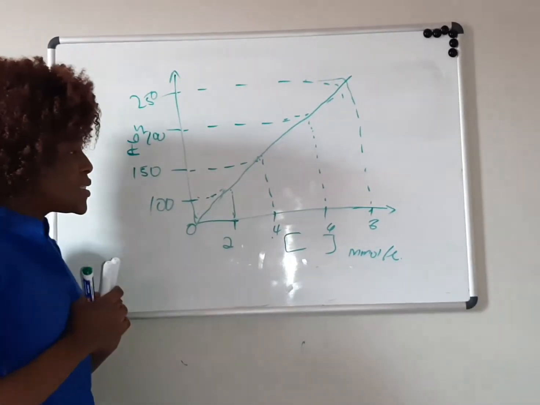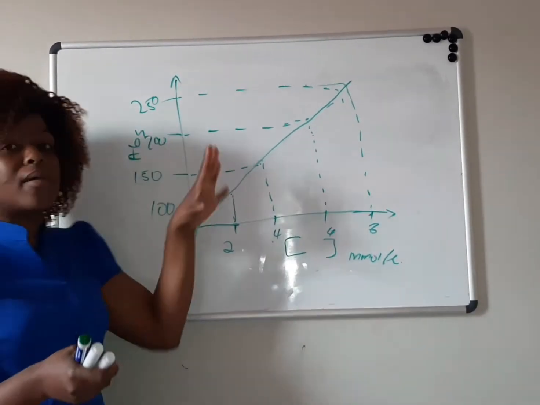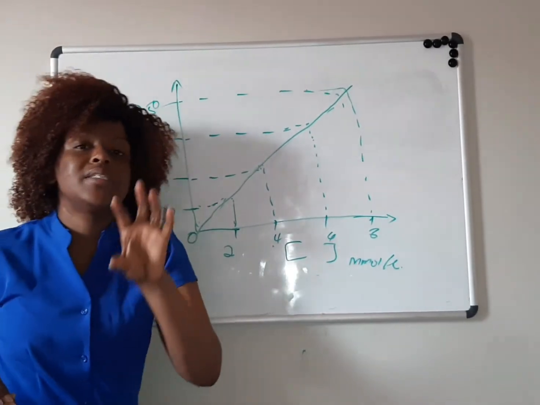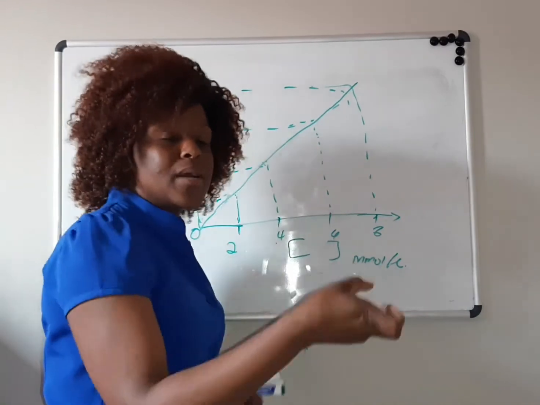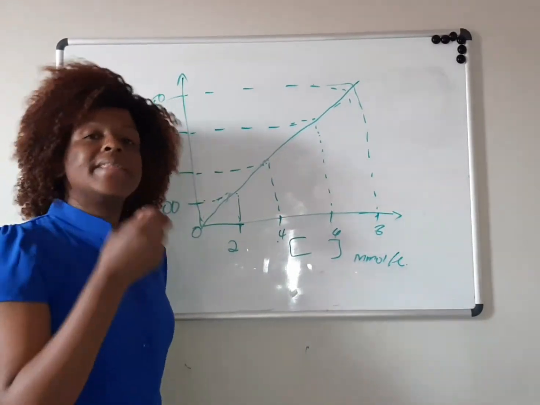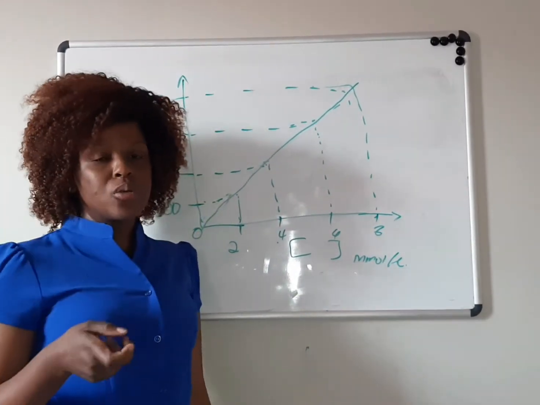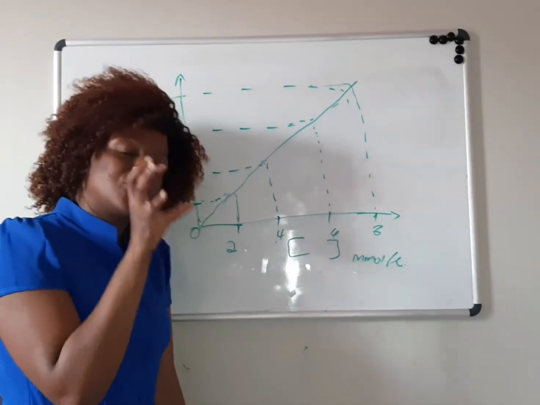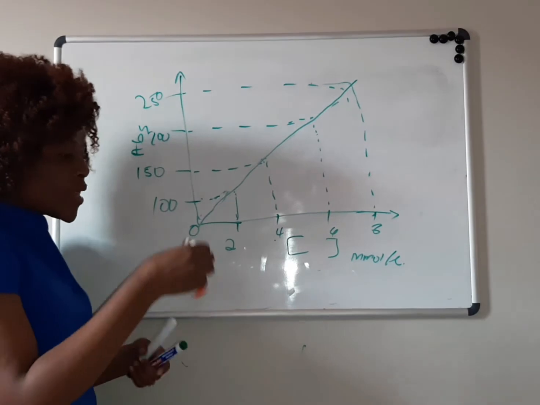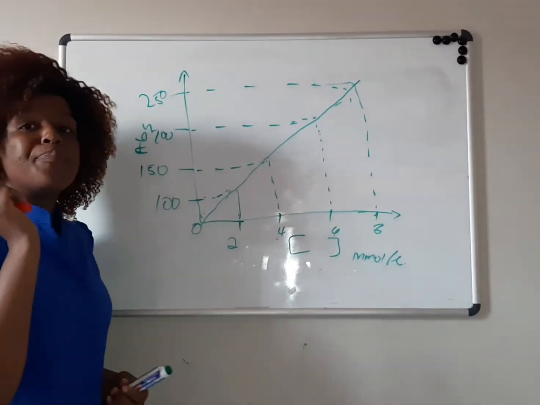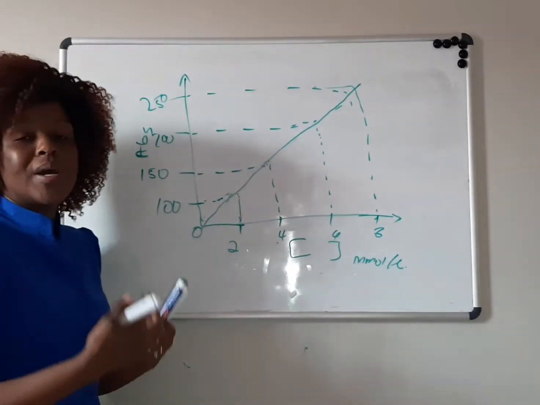Now, when we have a sample whose analyte concentration we don't know, the sample will be measured, and the absorbance of the sample will be obtained from the spectrophotometer reading. Let's say the absorbance we got on the sample is 250.